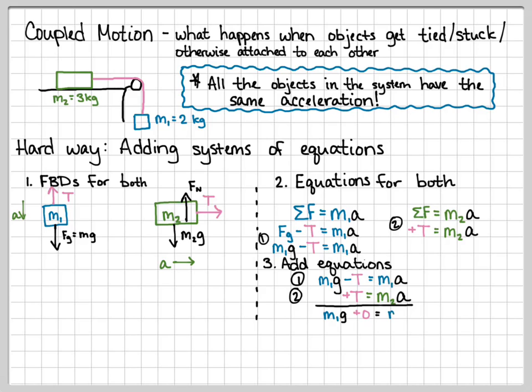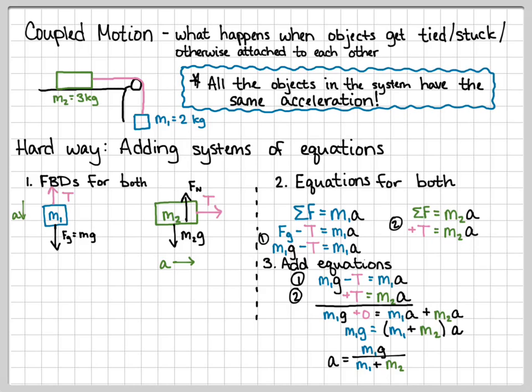I get m1g plus 0 is equal to m1a plus m2a. I rearrange a little bit, the 0 goes away. I'm going to factor the a out, so I get m1 plus m2 times a. I'm solving for a this time since I don't know it. A is equal to m1g over the sum of m1 and m2. Whew.